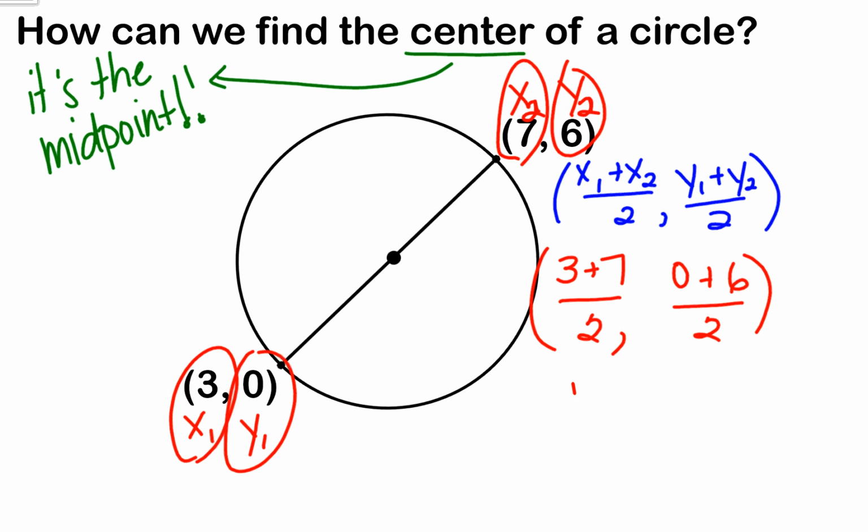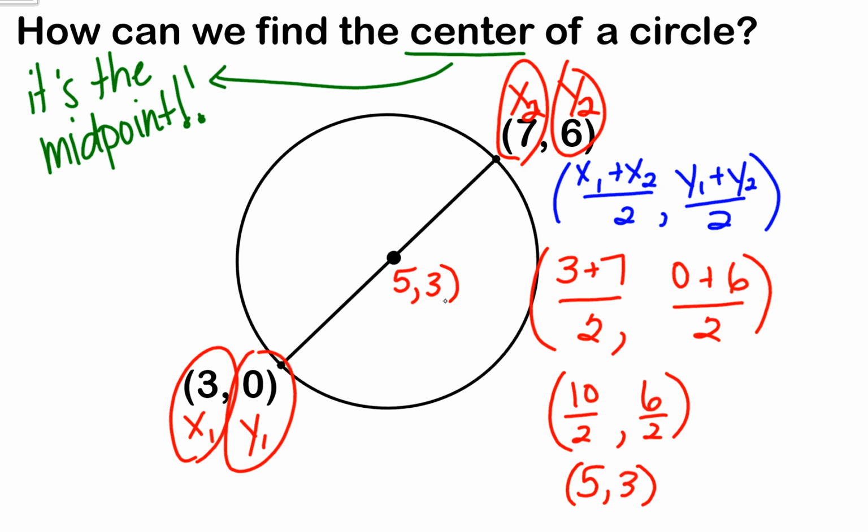I'll add those together, and I'll simplify it down. So now I know that the center of my circle is at the point 5, 3.